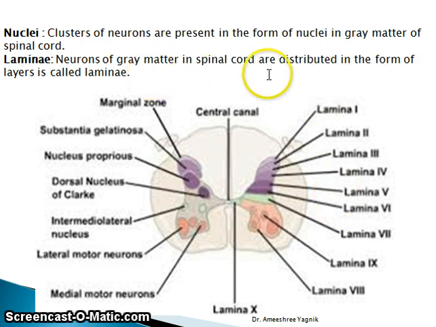Neurons of the gray matter in the spinal cord are distributed in the form of layers, called lamina. This is lamina 1, 2, up to lamina 10. So arrangement in the form of layers in the gray matter is known as lamina, and arrangement in the form of nuclei is the arrangement of clusters of neurons.